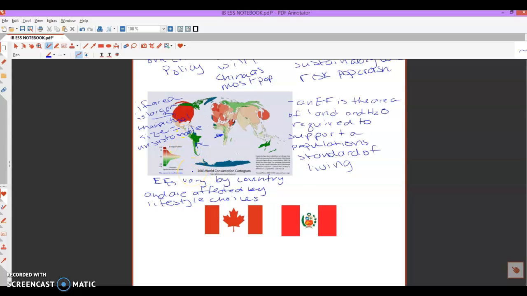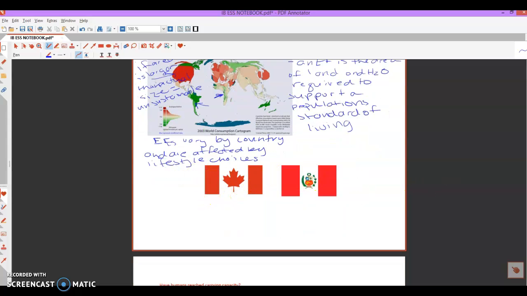All right, now IB wants you to be able to explain two specific countries. So maybe you guys recognize these flags. We're going to talk about the differences between Canada and Peru in South America.